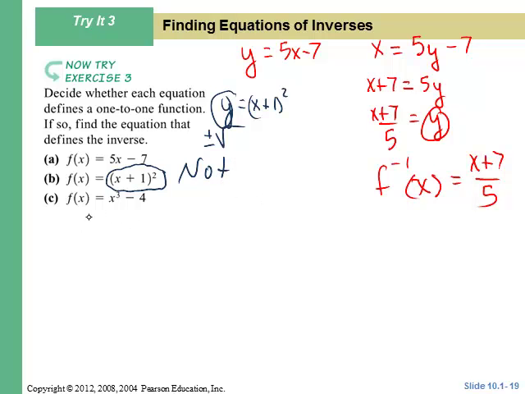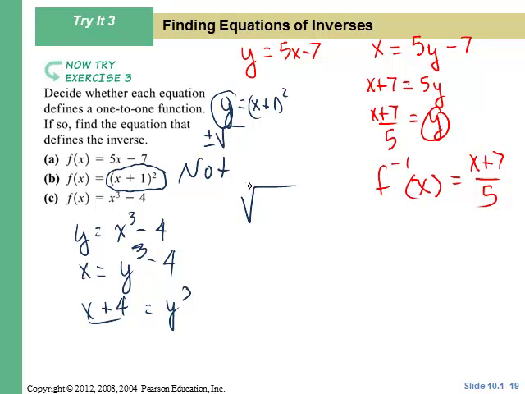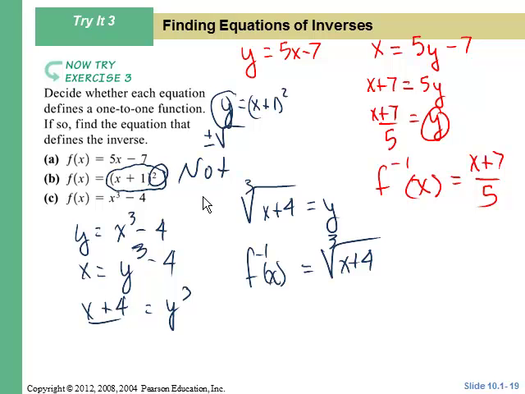The last one is a one-to-one. y equals x cubed minus 4. Switch x and y. x plus 4 equals y cubed. Take the cube root of both sides. So f negative 1 of x equals cube root of x plus 4. In general, if something is squared, it's not going to be a one-to-one.